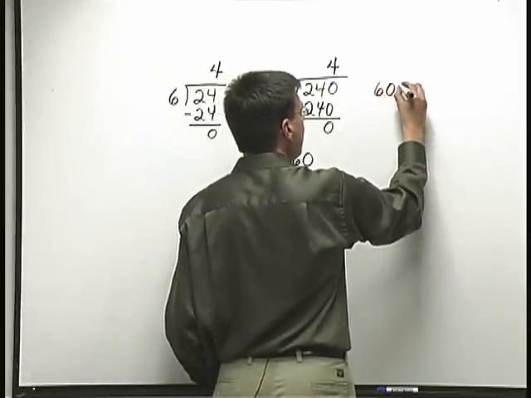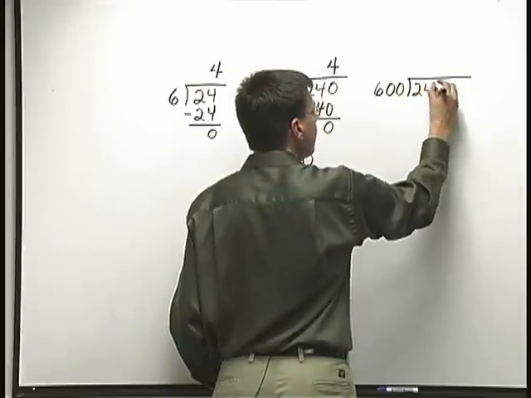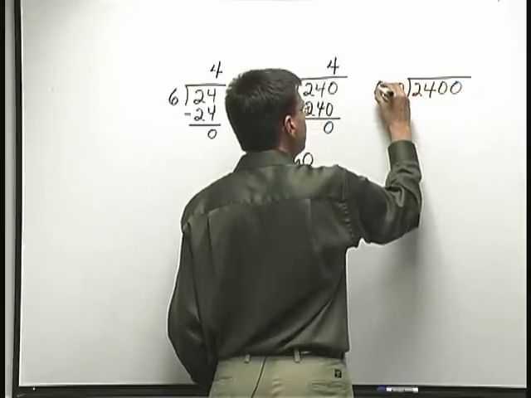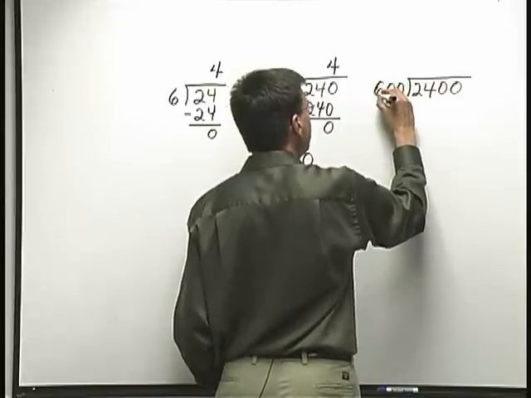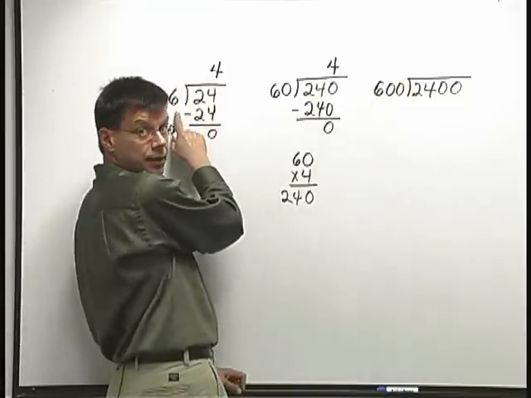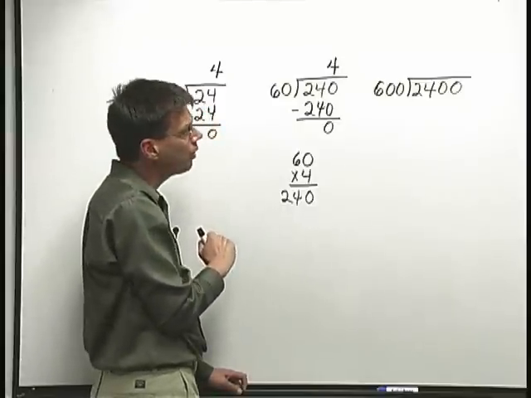Let's look at just one more. What if I took 600 into 2,400? Well, again, 600 is way bigger than 6. 2,400 is way bigger than 24.